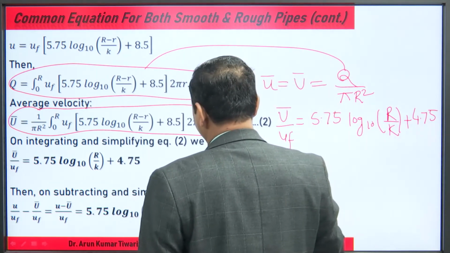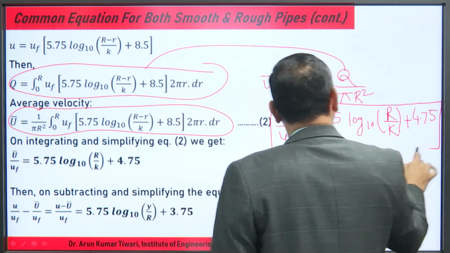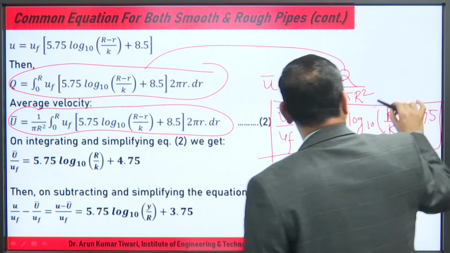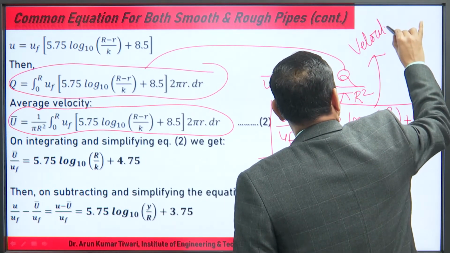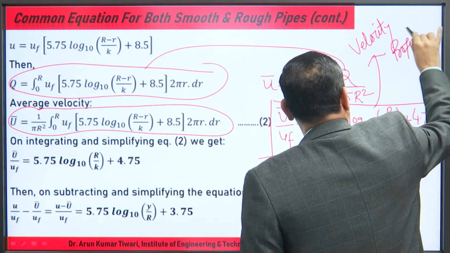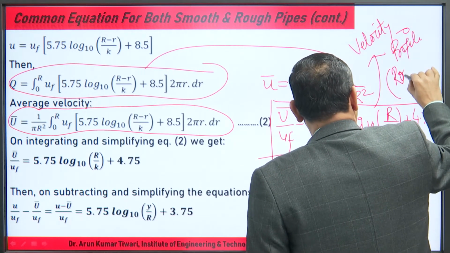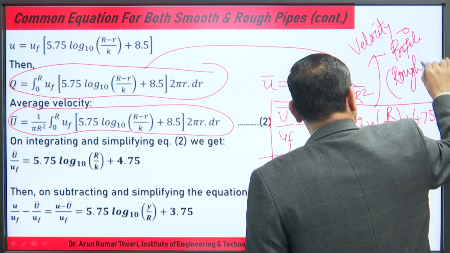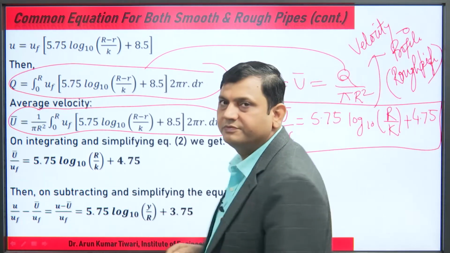Always remember this equation. This is the velocity distribution, the velocity profile, for a rough pipe, when the pipe is rough.